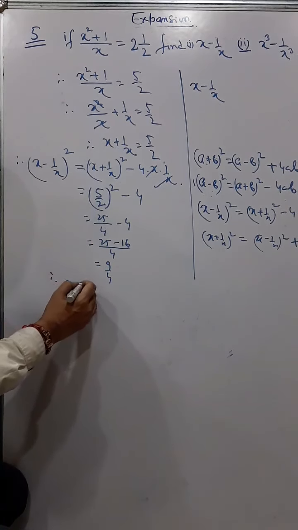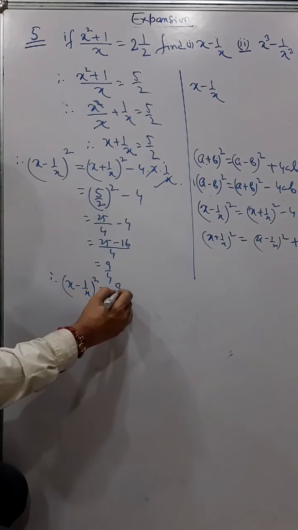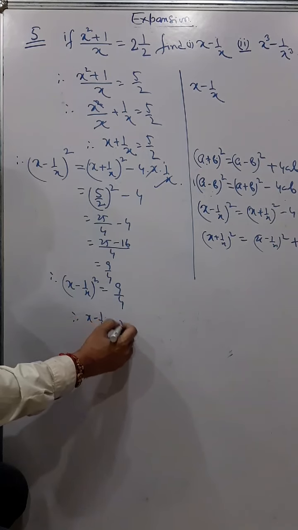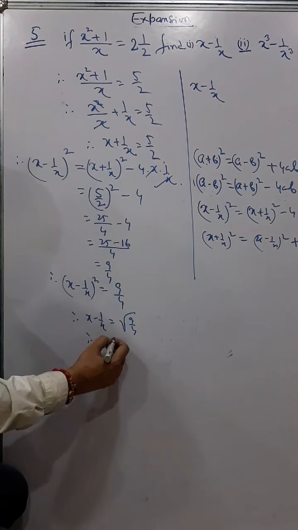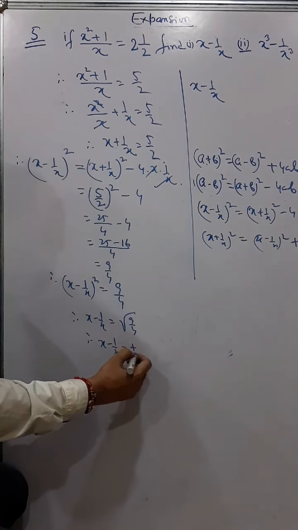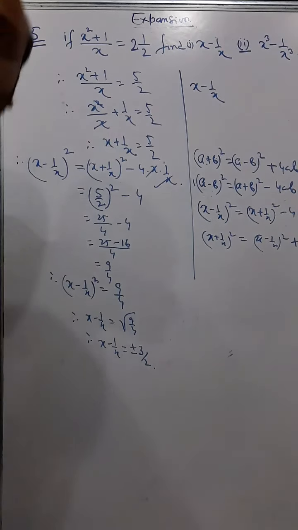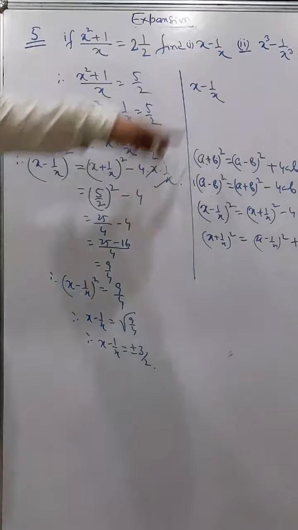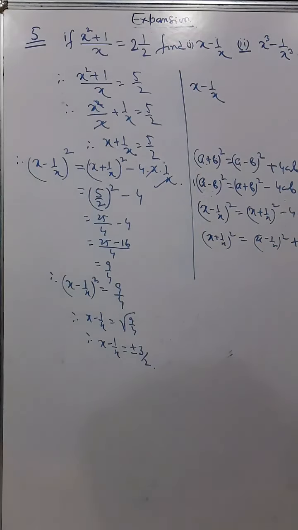And finally we get x minus 1 by x whole square is 9 by 4, and x minus 1 by x is equal to root over 9 by 4. So that means x minus 1 by x is equal to plus minus 3 by 2. Understand? So we got the first one, x minus 1 by x. Okay, now you have to get the second part. Clear?